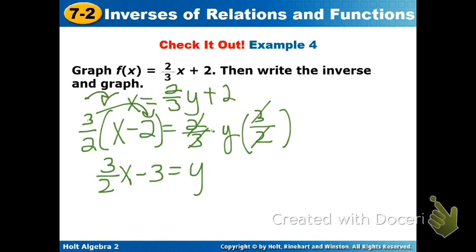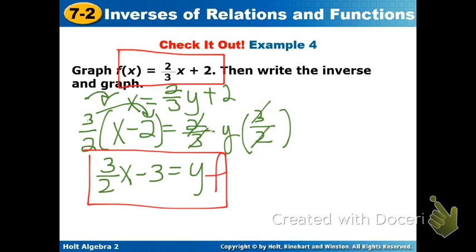All right, so then you graph. We're going to graph the original. Let me change color. So we graph our original, and we graph our inverse. So this is our inverse. And we graph our y equals x. So let's see what that looks like.